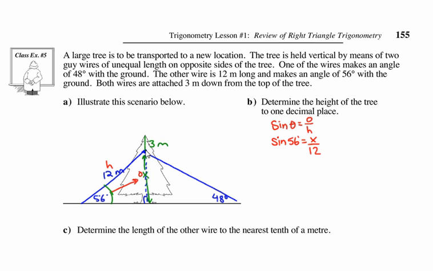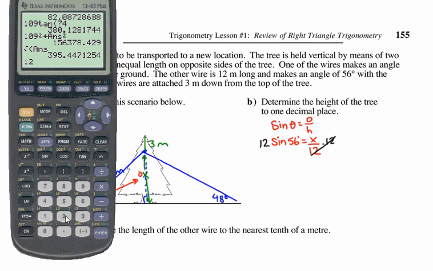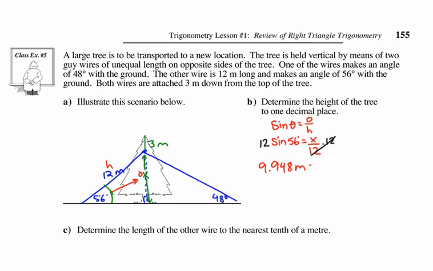I want to get x by itself. It's being divided by 12. So we're going to multiply both sides by 12. Plugging that in, we have 12 times sine 56. And that's 9.948. I don't want to necessarily round just yet. Meters equals x.